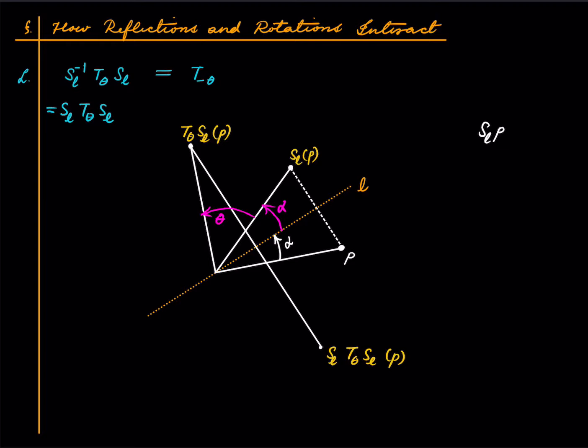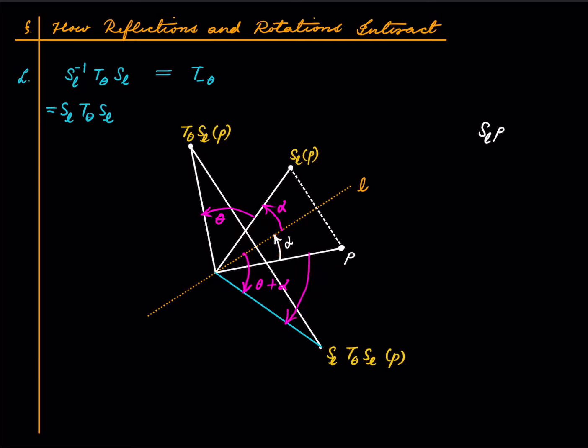And therefore, if I join this line, let me join it with some other color, maybe blue, this angle is the same as that angle. So that thing is theta plus alpha. But this is already alpha, and this is theta plus alpha, so this thing is theta.